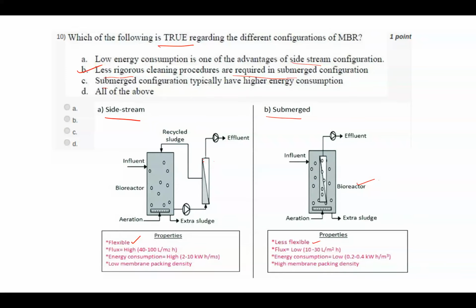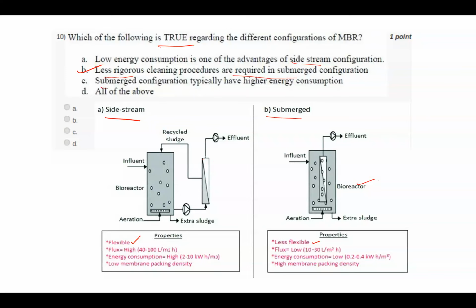So when we see the cleaning, here less rigorous cleaning procedure is required for the submerged configuration, but every time we have to take it out and then clean. But here we can easily displace things, whatever happens. That's why flexible.